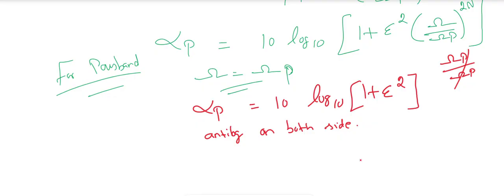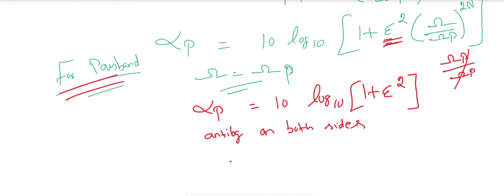How the magnitude response, the frequency response, is represented by 1 by 1 plus omega by omega c to the power 2n. If we include the ripples, what is epsilon? Ripples in the pass band and stop band. So for pass band, you substitute omega equal to omega p, so this term will be 1 plus epsilon squared. So take antilog on both sides.